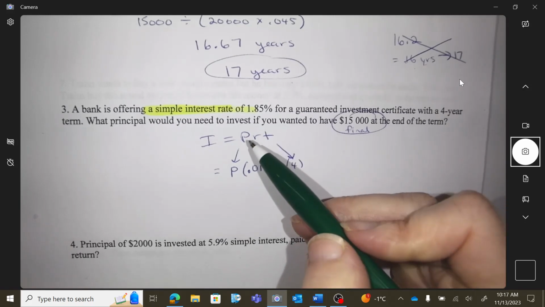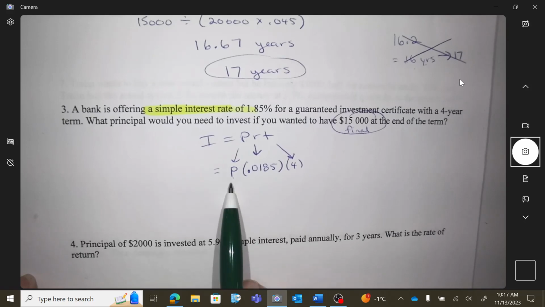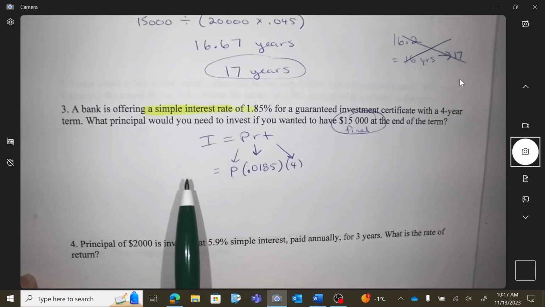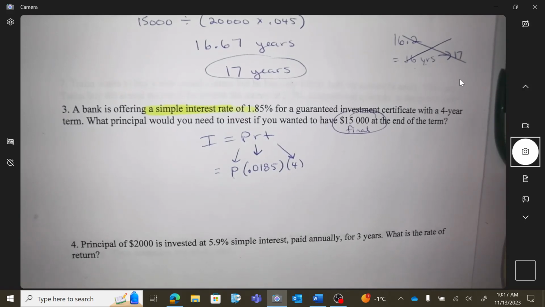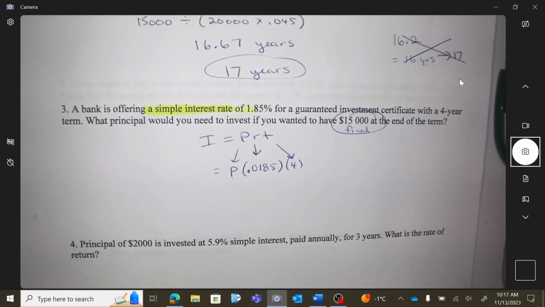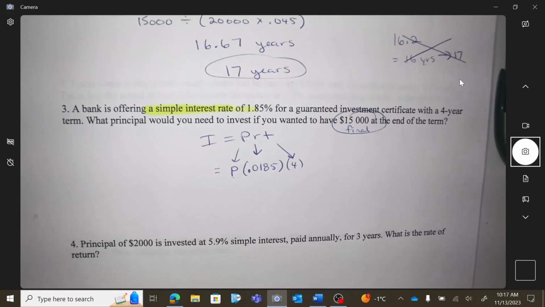I had P. I left. I had that. Interest. This is weird. I don't have interest. Okay, but I can't really use an I because I can't have an equation with an I and a P involved. Can anybody think of something different to replace interest with?